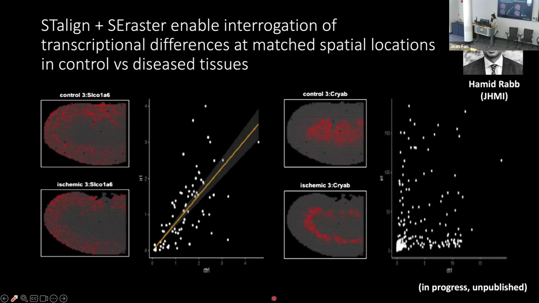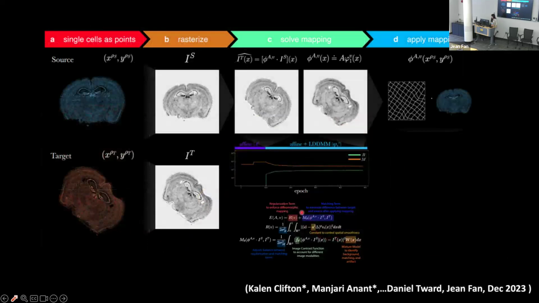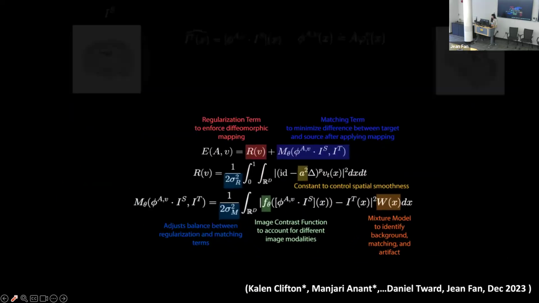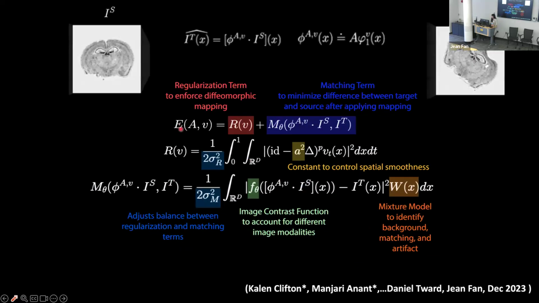In theory, yes. We are doing a gradient descent and quantifying an error term. So I would expect the best alignment should minimize this, just have the highest matching and the lowest energy or error term.